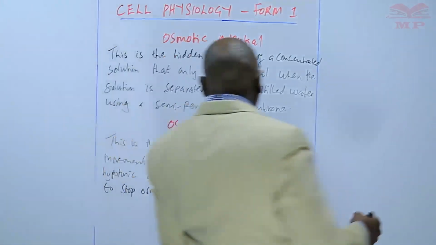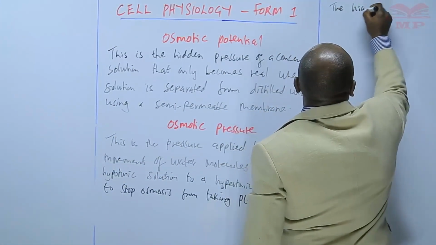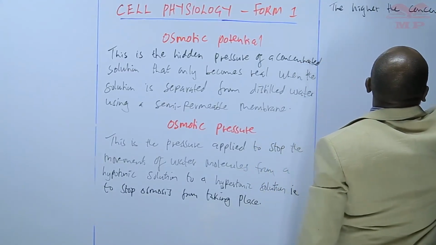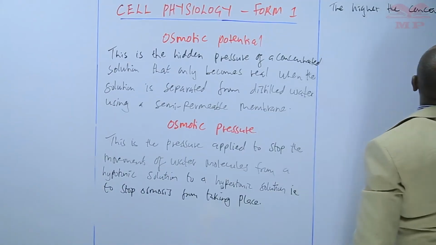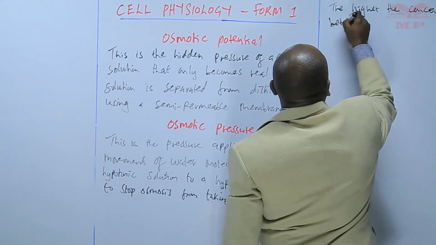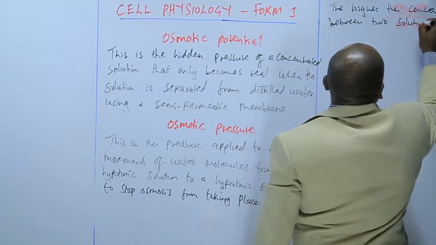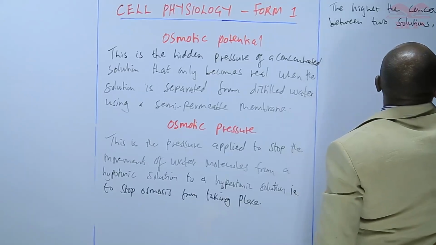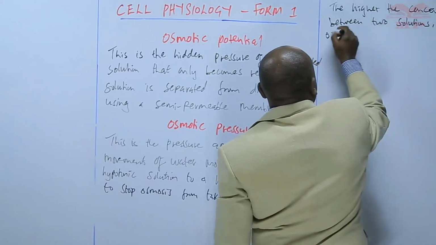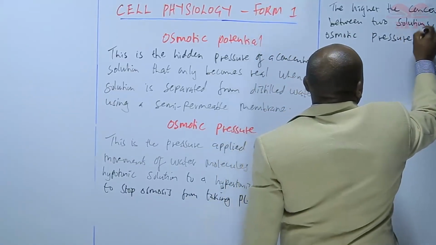So you can say that the higher the concentration gradient between two solutions, the higher the osmotic pressure.